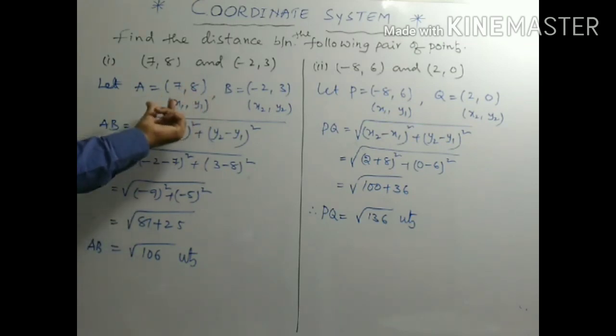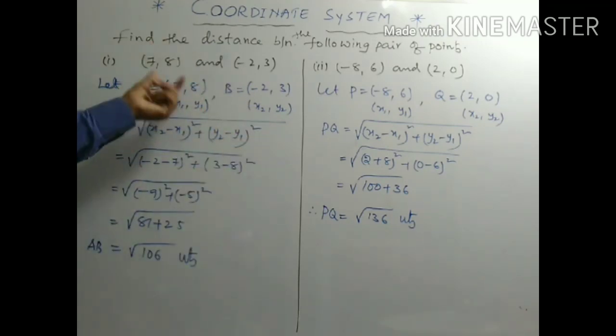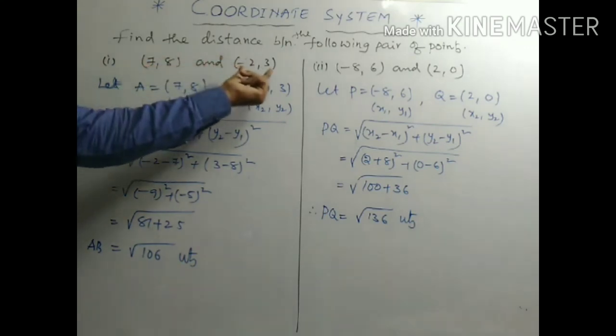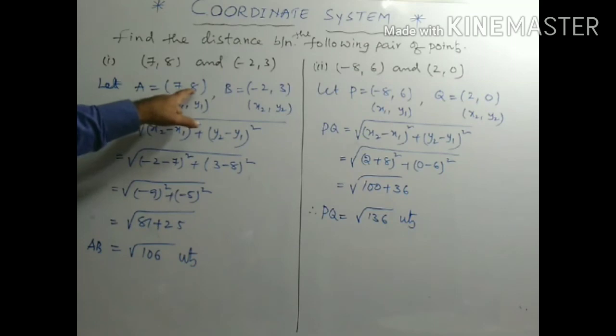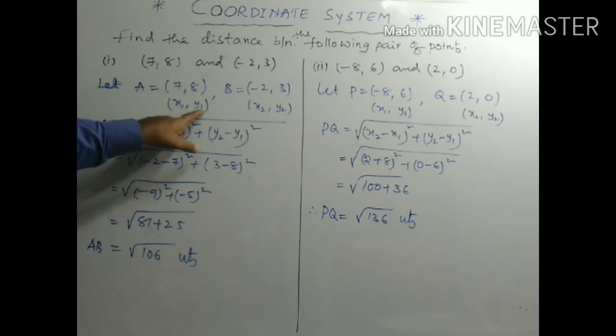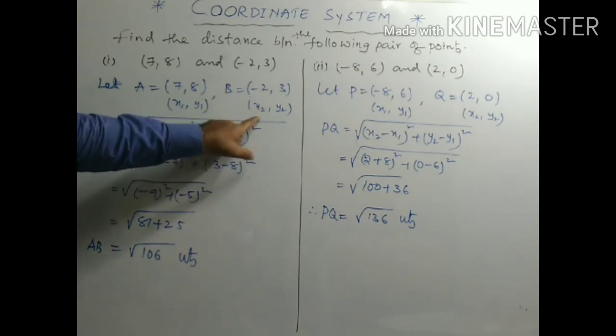You can consider anything as x1, y1 and anything as x2, y2, but the order is important. Coordinates are always x comma y. So the first point is x1, y1 and the second point is x2, y2.